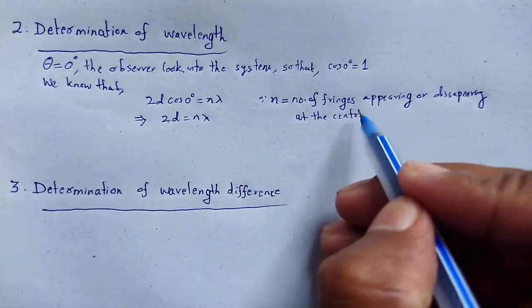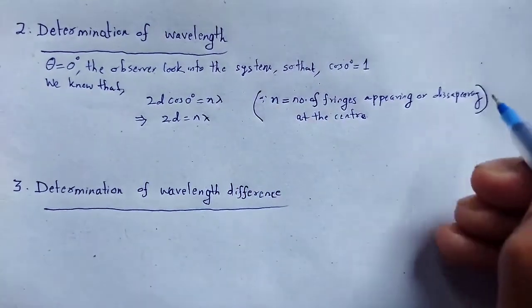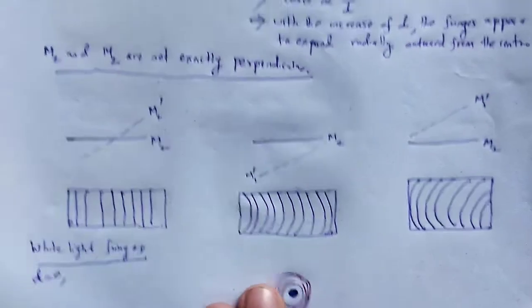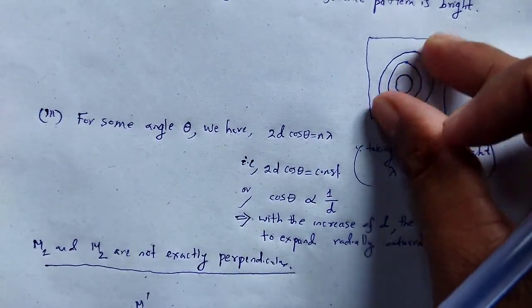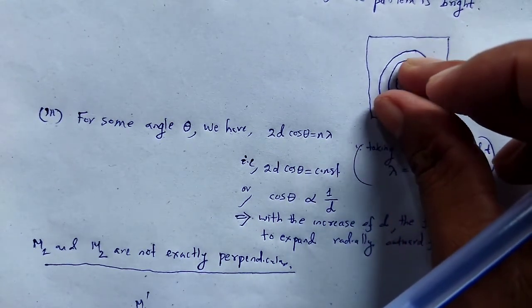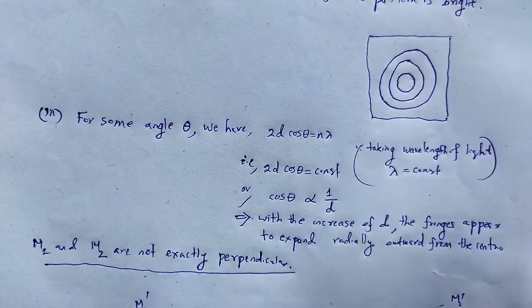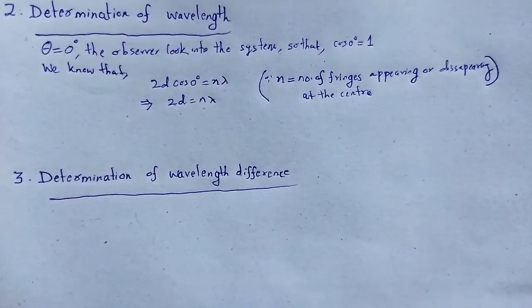If that be the interference fringe pattern looking like this, either appearing or disappearing, the number of fringes disappearing or appearing at the center is taken as n.